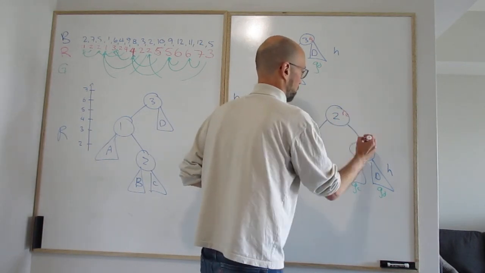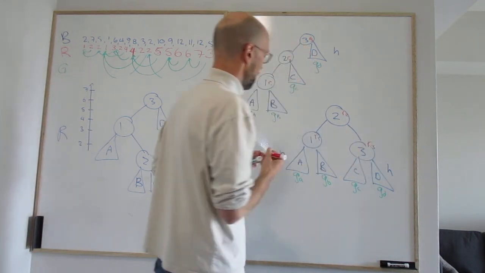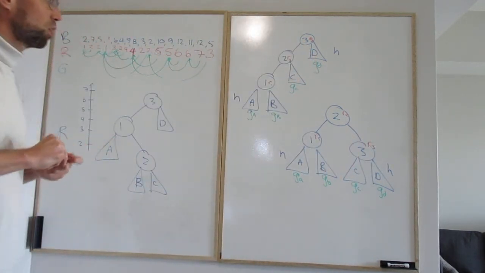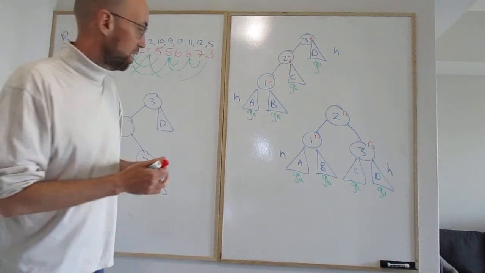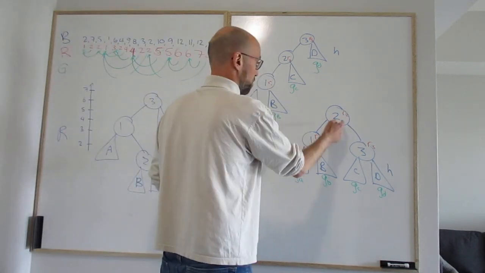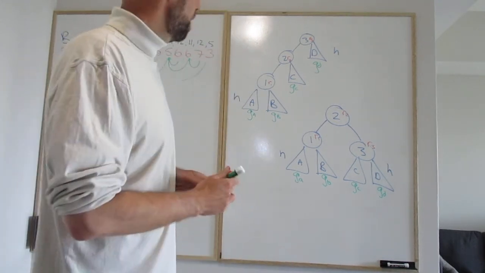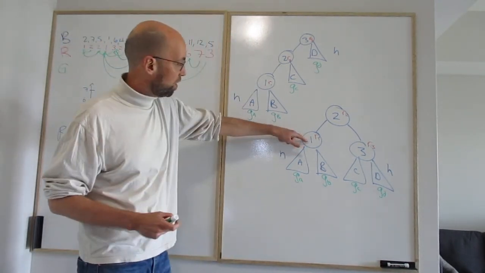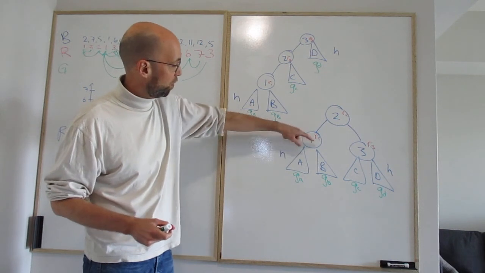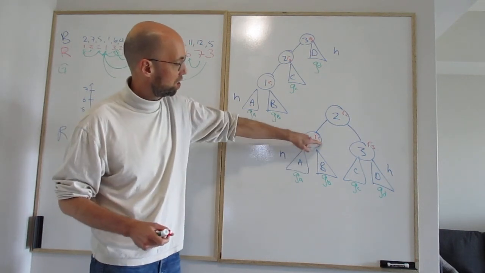R1, R2, R3. So the only thing you have to work out is the green values at 1, 2, and 3. And how do you do that? Well, the green value here is max of R1, GA, and GB.